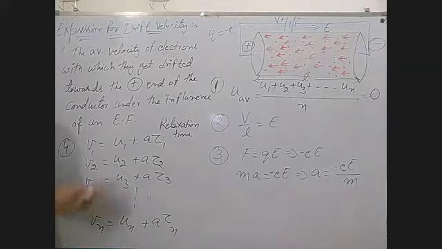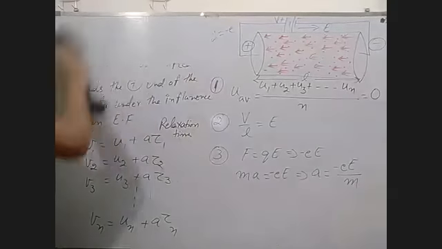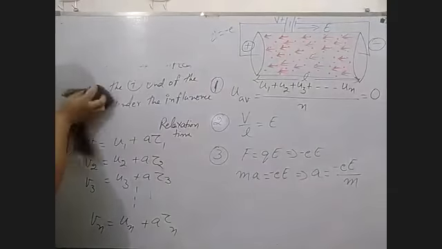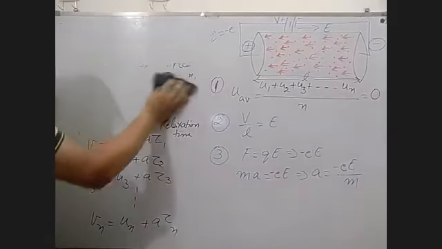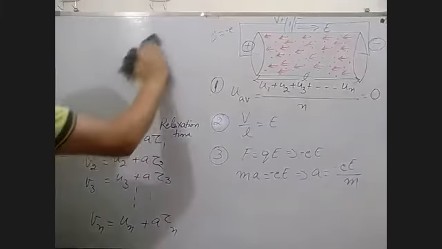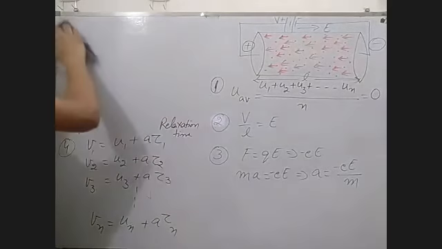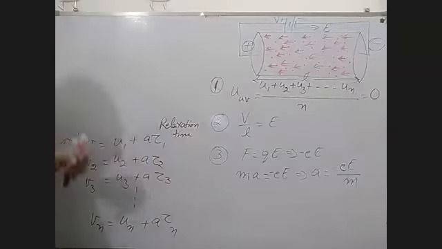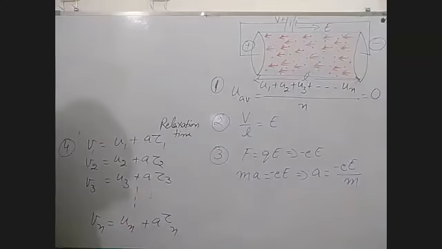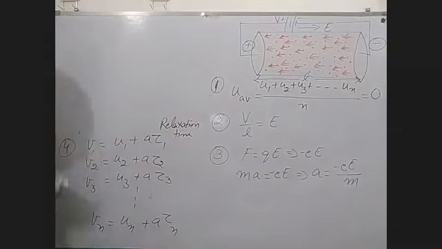Okay, now look at these equations. And now the last step is what? All these are drift velocities of separate individual electrons, but we want a single formula for calculating this.